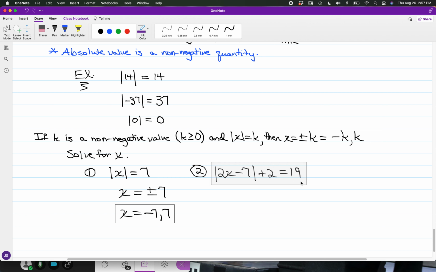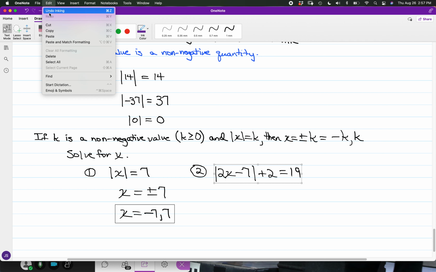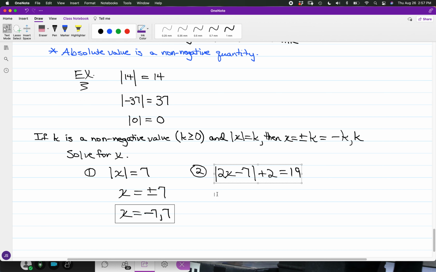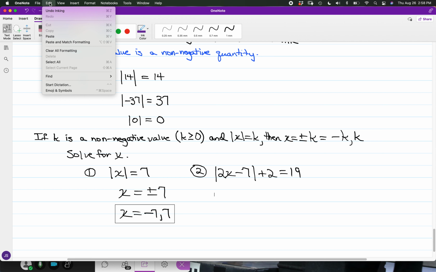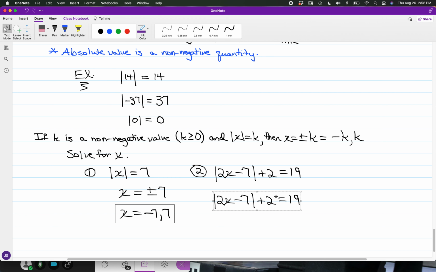So I have x appearing once, and that is within the absolute value term, where I have the absolute value of 2x minus 7. And what I want to do here is get the absolute value term by itself. So I can just take 2 away from both sides.